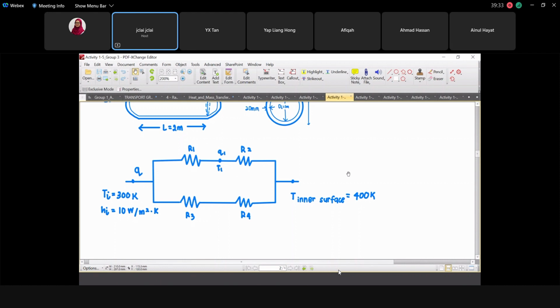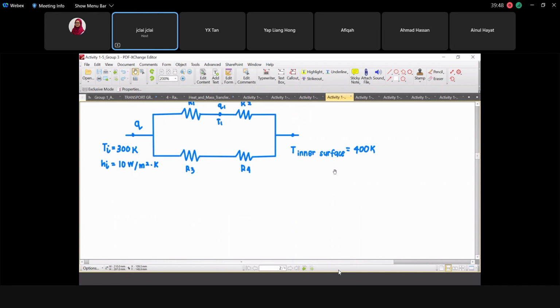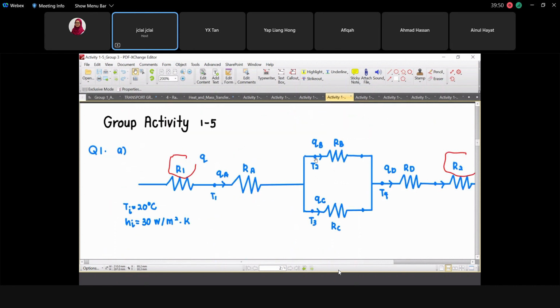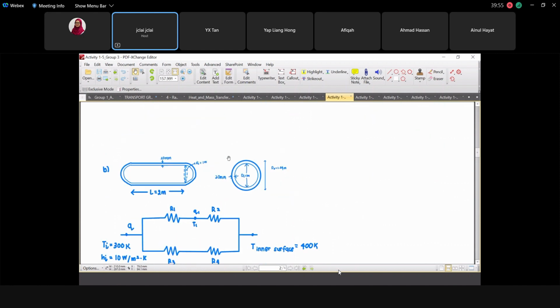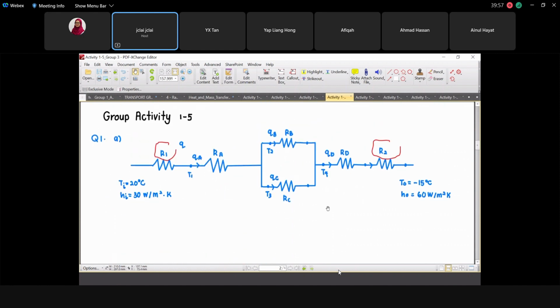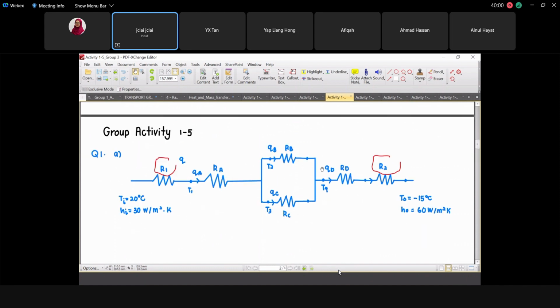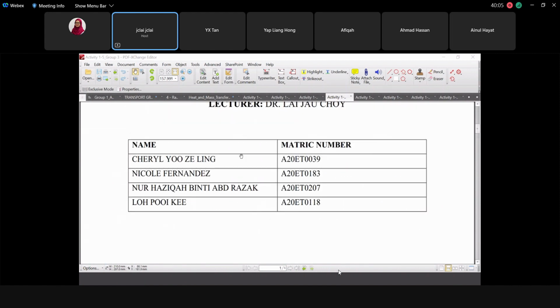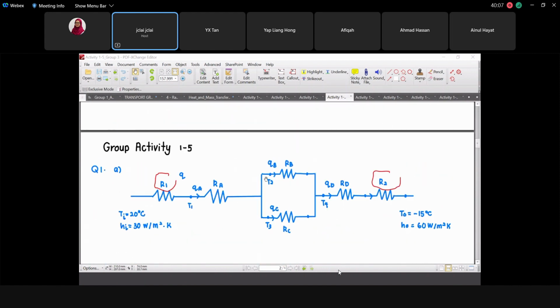Okay, but anyway, because I have something else to do during this class, I don't want to drag the time. So Liang Hong, you can try. Then, my comment, let's say group 3, your circuit diagram is correct. But in terms of numbering, I have some comment. Let's say during the test, you can do RA, RB, RC, RD.